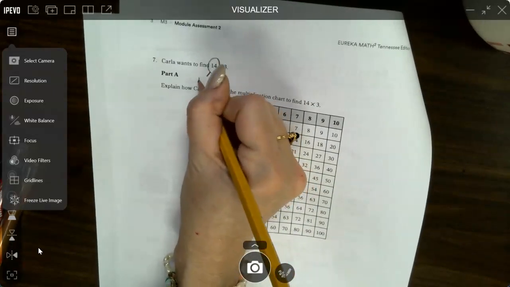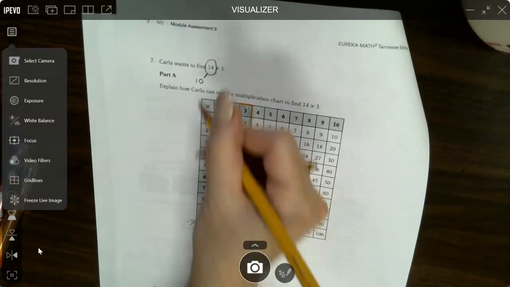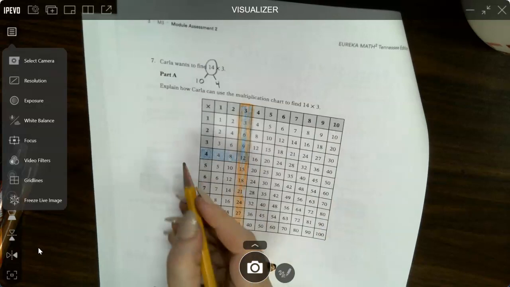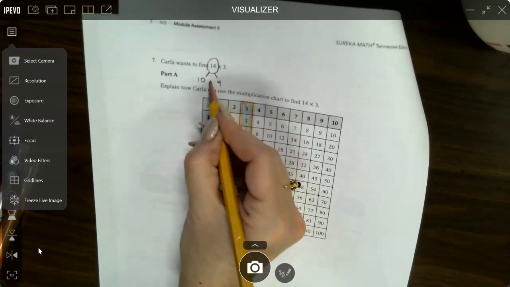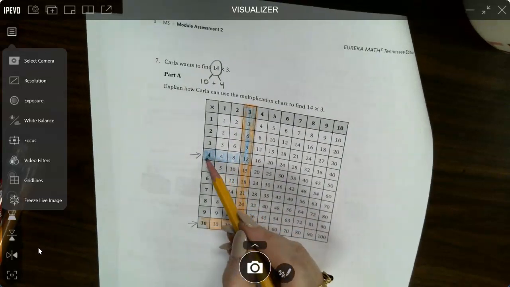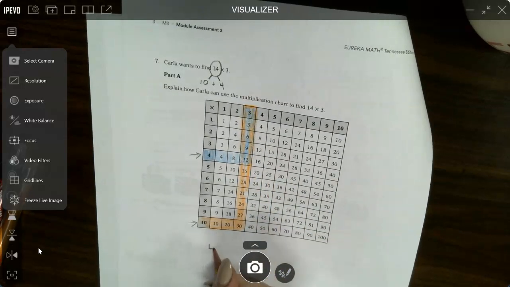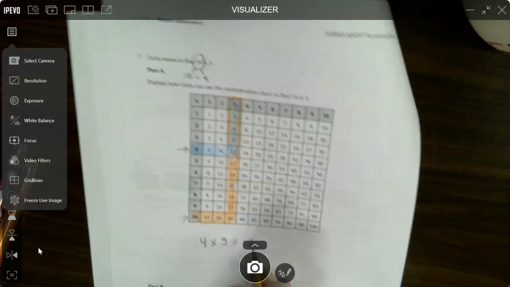So Miss Smith has broken it into a piece that is 10 and a piece that is 4. 10 plus 4 gives me that 14. So I can then multiply 4 groups of 3, 4 times 3, and that equals 12.